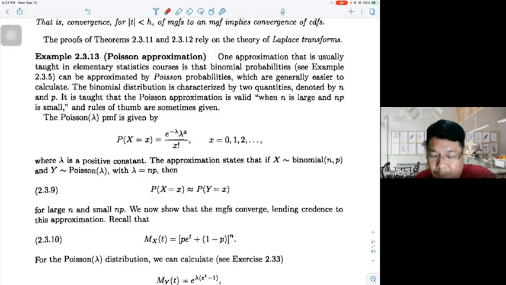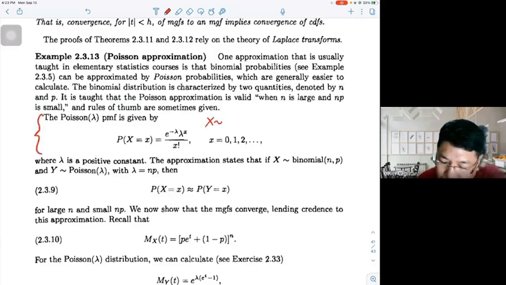So the Poisson lambda probability mass function is given by e to the negative lambda, lambda to the x over x factorial. So that means this x, for this particular definition, has a Poisson distribution with parameter lambda.